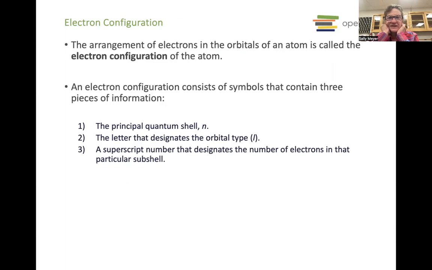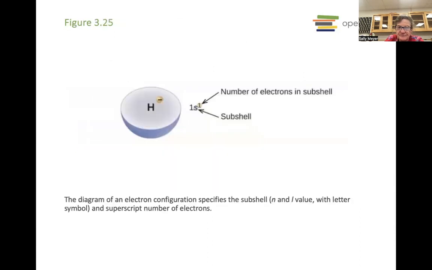The arrangement of electrons in the orbitals of an atom is called the electron configuration of the atom. An electron configuration consists of symbols that contain three pieces of information: the principal quantum number n, the letter that designates the orbital type L, and a superscript that designates the number of electrons in that particular subshell.